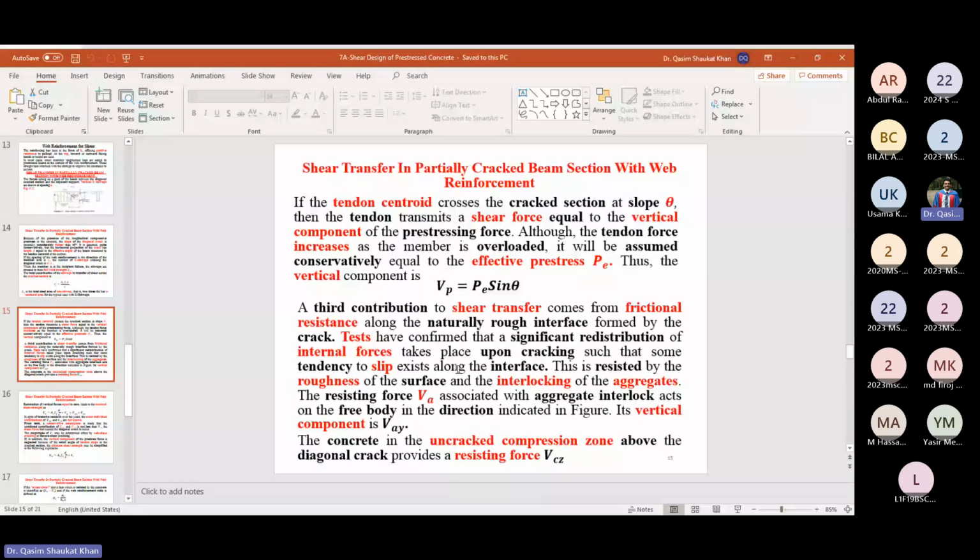The internal resistance force due to the roughness of the surface, that is VA, associated with aggregate interlocking, acts on the free body in the direction indicated in the figure.